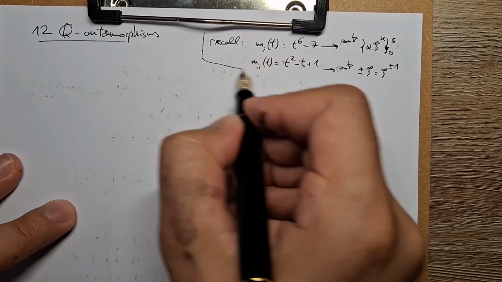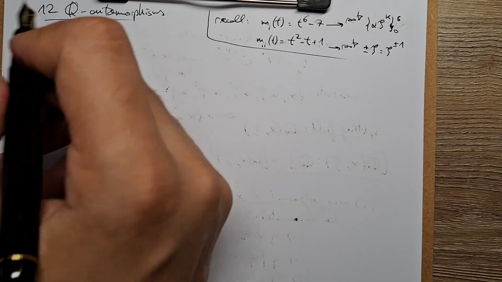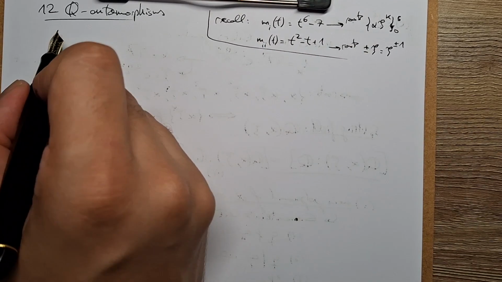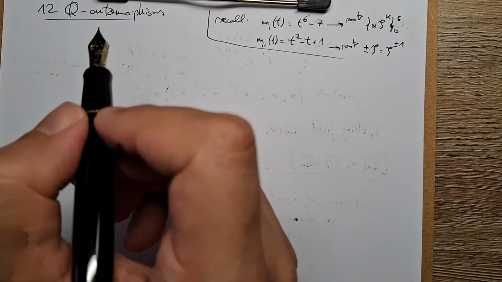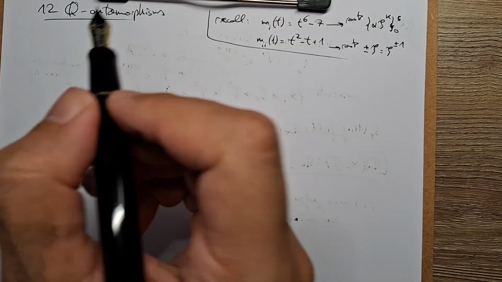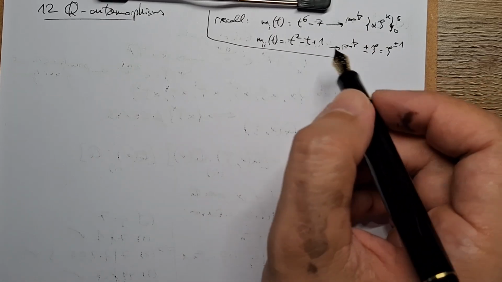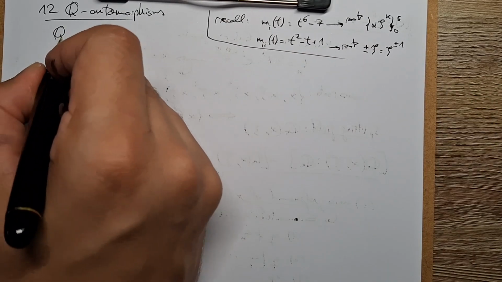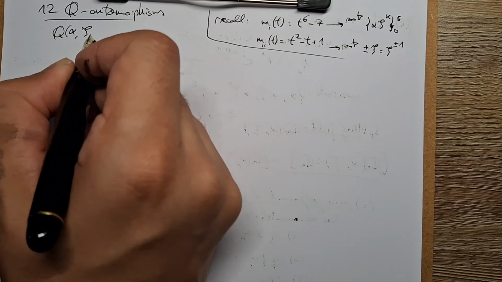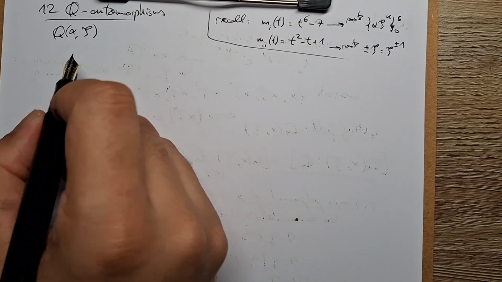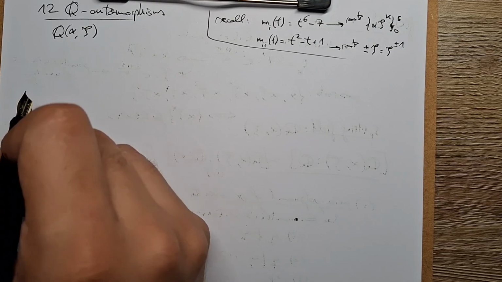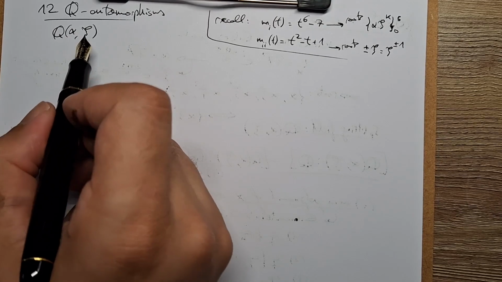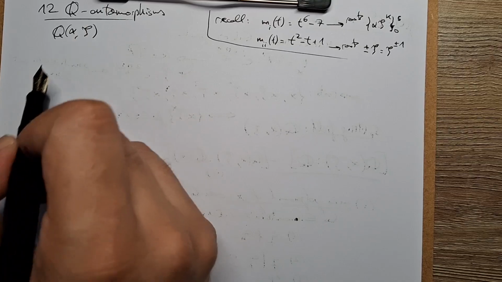All right, so this is just to keep it here. Now, the Q-automorphisms that we want to find need to fix one of the elements that we have in this field extension, alpha and theta. So we want one Q-automorphism that fixes alpha and acts on theta, and then another Q-automorphism which fixes theta and acts on alpha.